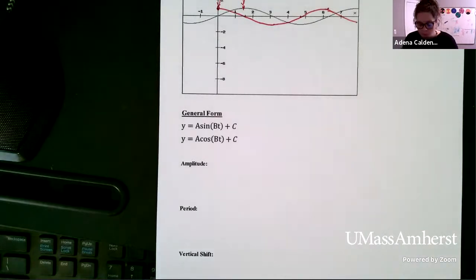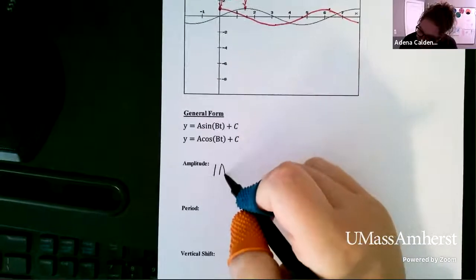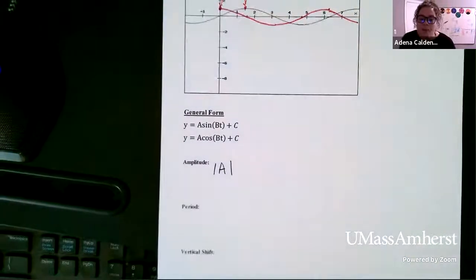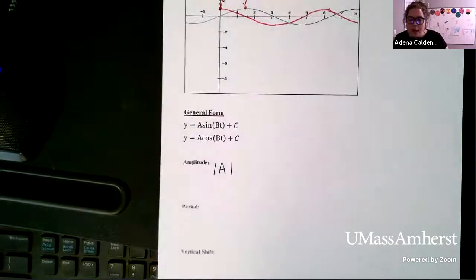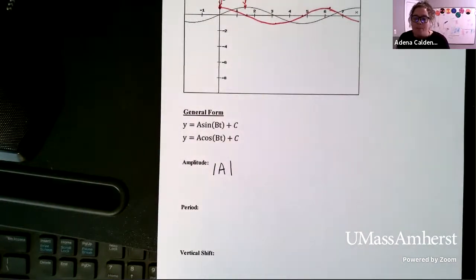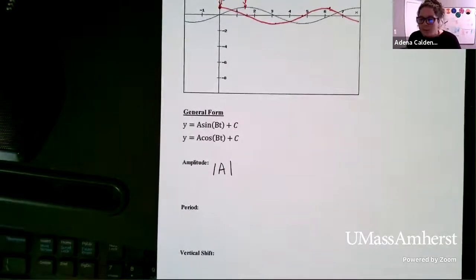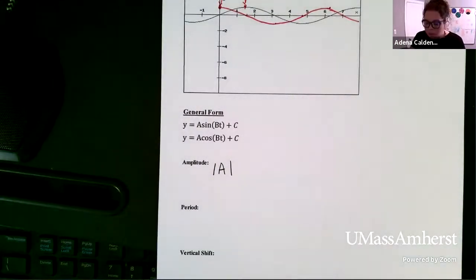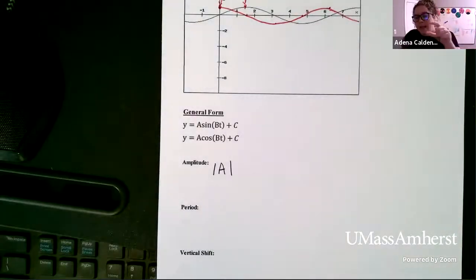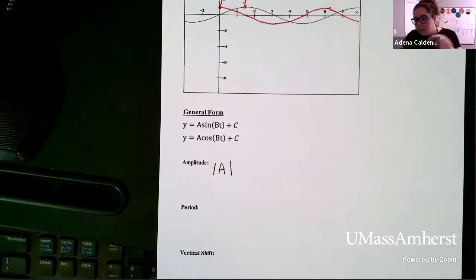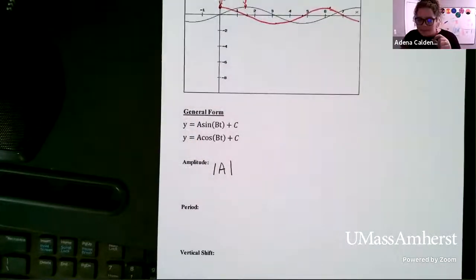The amplitude of your function is always going to be the absolute value of a. So whatever the a value is, your amplitude is going to be the absolute value of this. Why is that true? Well, for two reasons. First, because sine and cosine vary between 1 and -1, if you multiply by a number, it just scales it by that same amount.